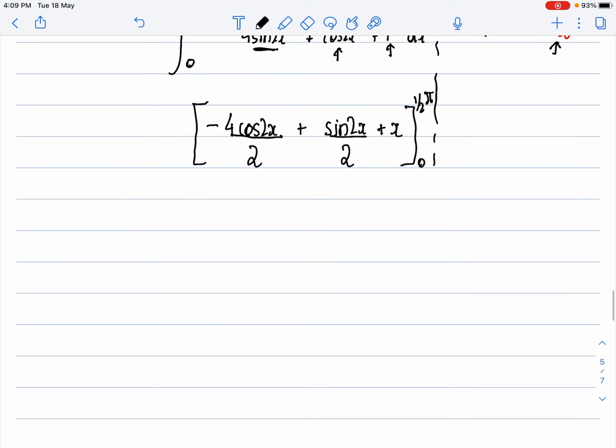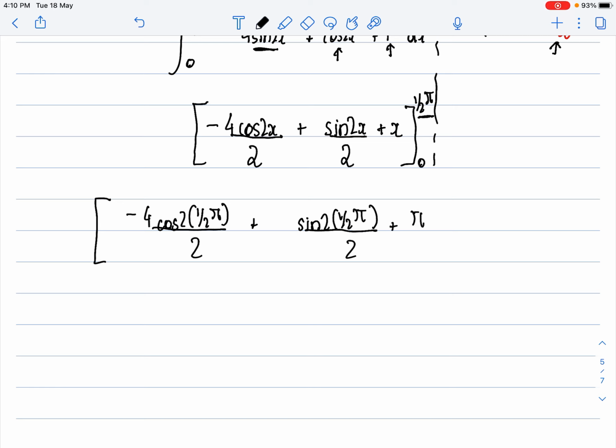So now what I need to do is first put half pi in the place of x. So it will look something like 4 cos 2 into half pi over 2 plus sine 2 into half pi over 2 plus pi by 2 minus, this is basically minus 4 cos 0, because 2 into 0 is 0, over 2.